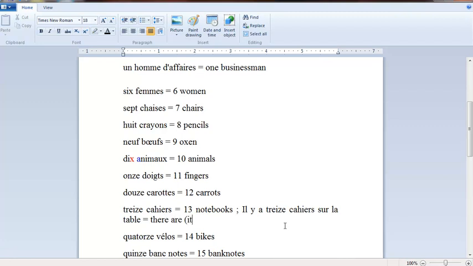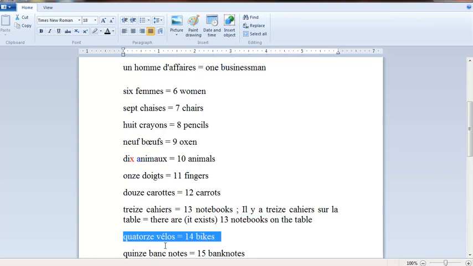There are, it exists, 13 notebooks on the table. Il y a, it means it exists. There are, or it exists. So, il y a 13 cahiers sur la table.